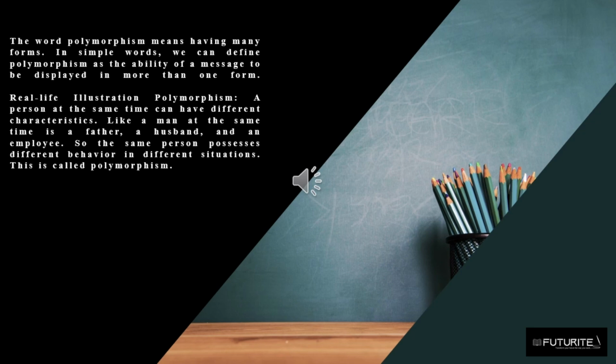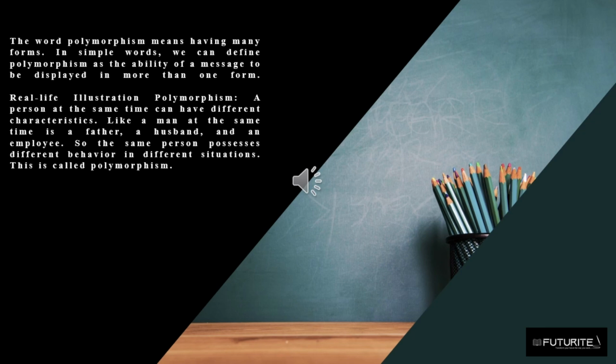A person at the same time can have different characteristics. Like your father: he is a father to you, he is a husband to your mother, and an employee to the organization where he is working. So the person is the same, but the person is playing different roles, or having different forms at different places.